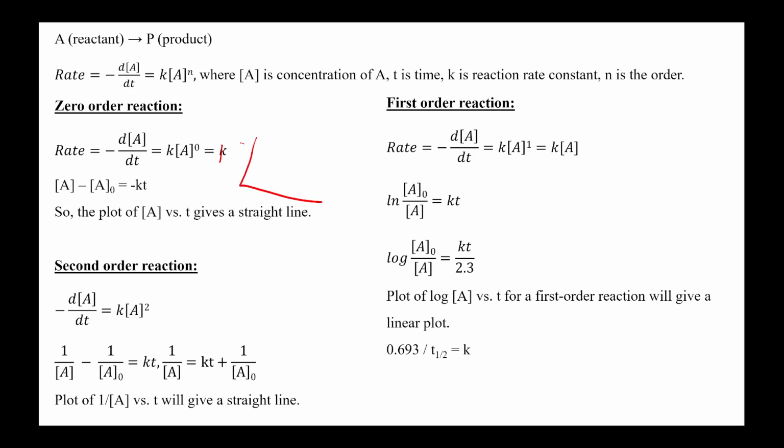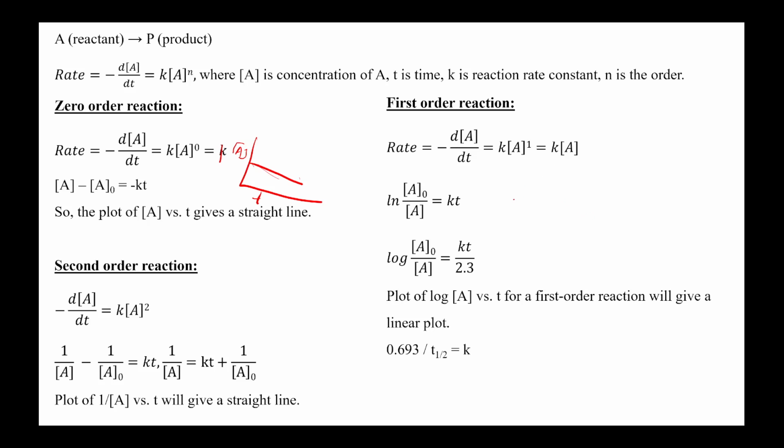If I make a plot of the concentration versus time, it would be a straight line, because with respect to time there will be no change in the rate, as the rate is independent of the concentration of A. Rate is constant for a zero order reaction.